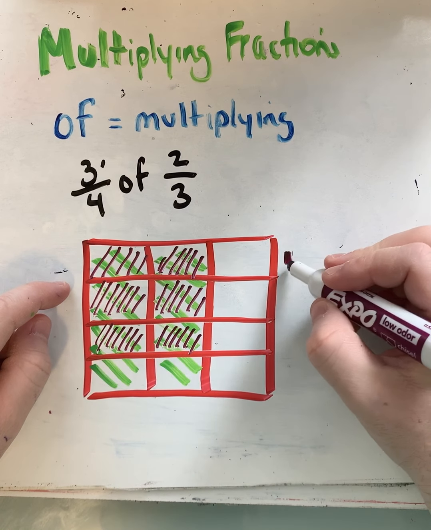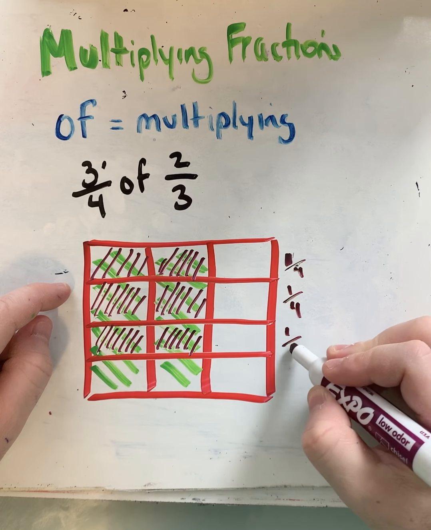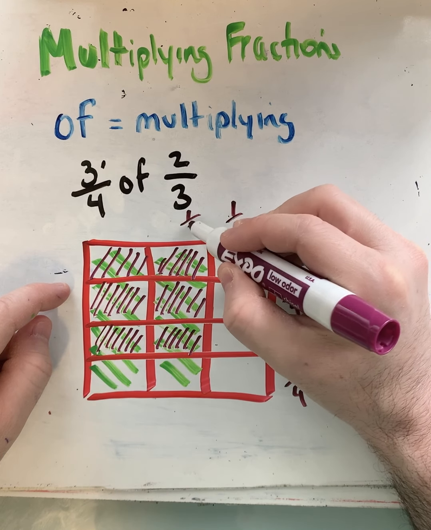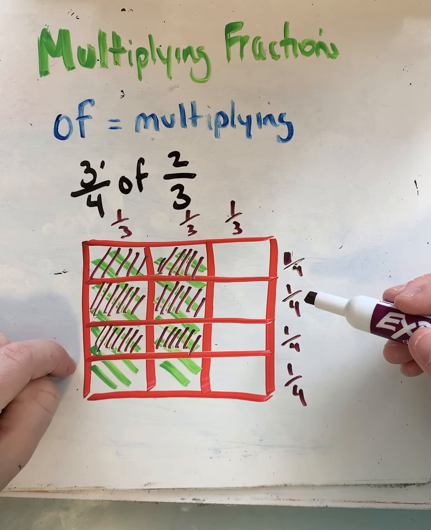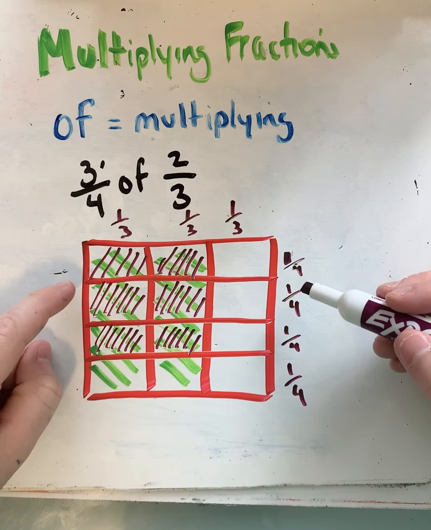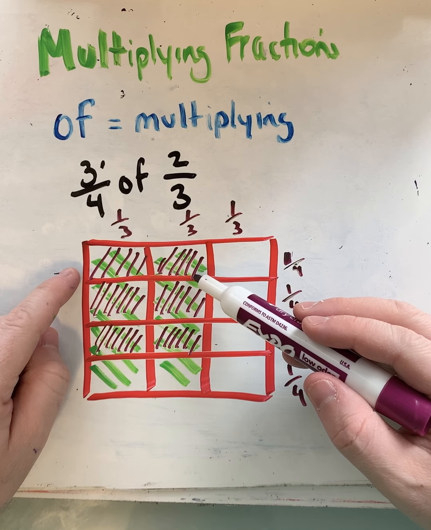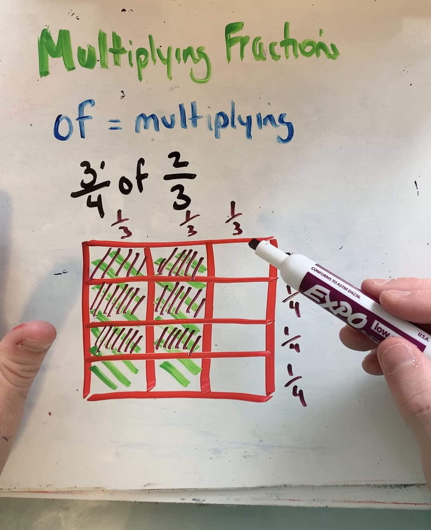Here's 1/4, here's 1/4, here's 1/4, here's 1/4, here's 1/3, here's 1/3, and here's 1/3. So of the colored boxes that were 1/3, I colored in 3/4 of the next one. So now what I'm looking at is only the boxes that have 2 colors in them.